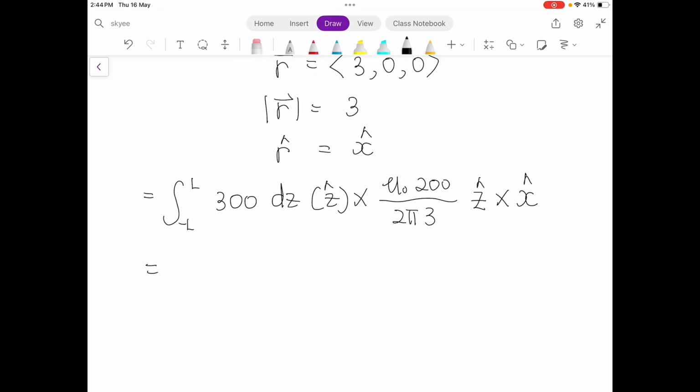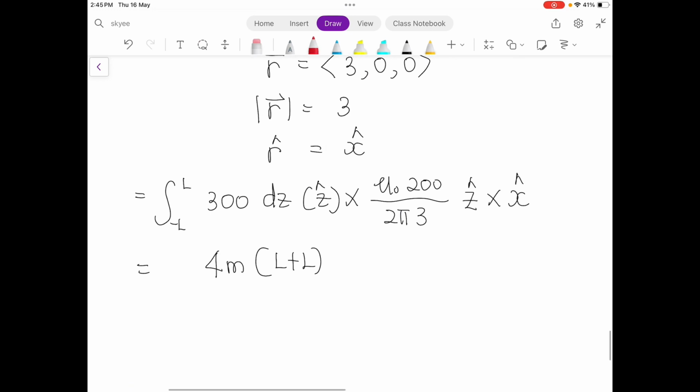So let's calculate. We have a 4 milli, and this is L plus L. So z cross x, you get positive y.